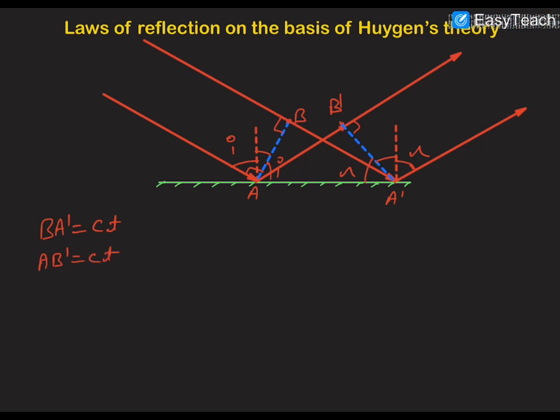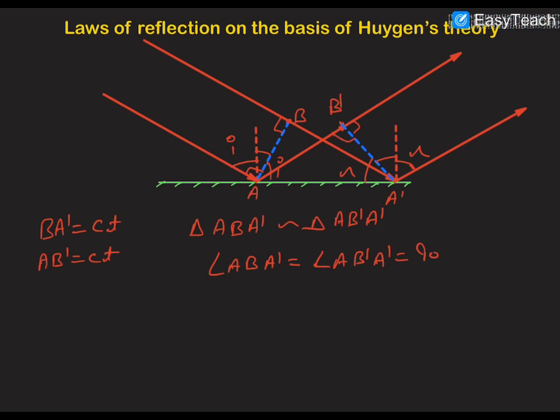Okay, now we know that triangle ABA dash is similar to triangle AB dash A dash, by the property, because we can say that angle ABA dash is equal to angle AB dash A dash, and they are equal to 90 degrees.